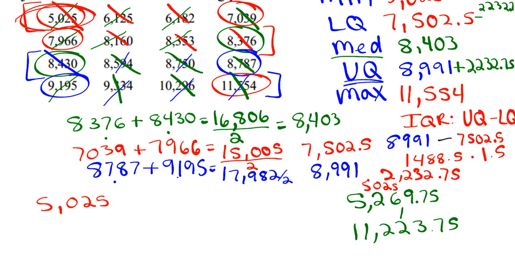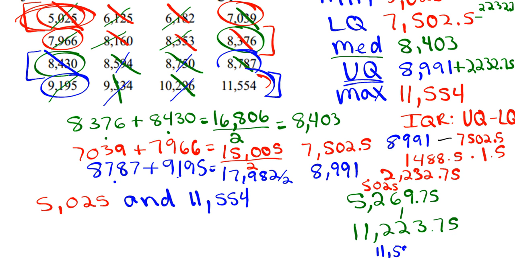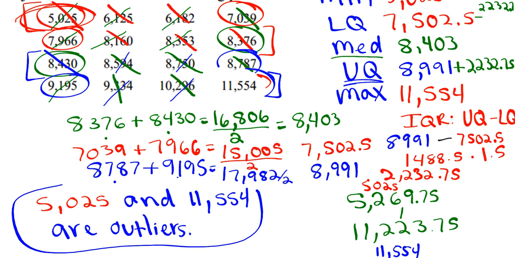The next thing I notice is on my big end, I have 11,554. That also lies outside of the range. So therefore, those are outliers. And there you have it.